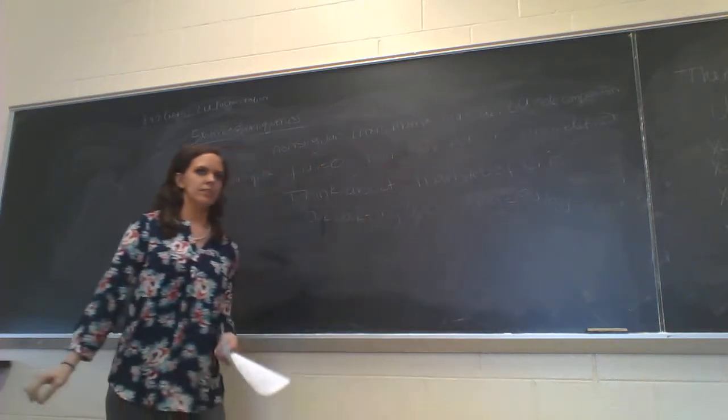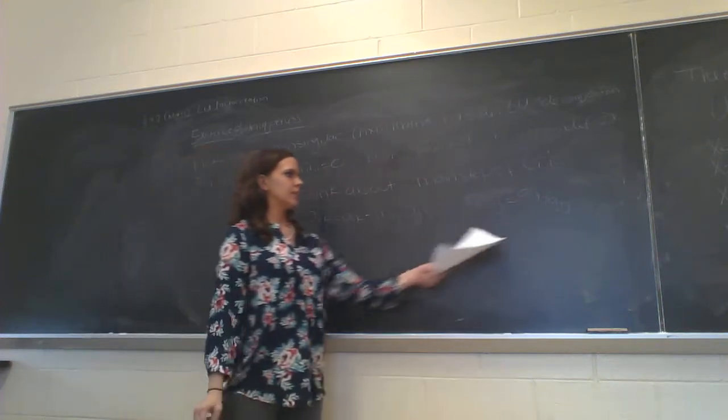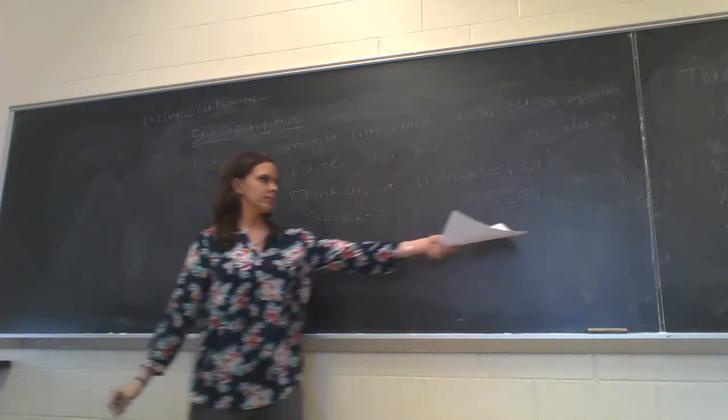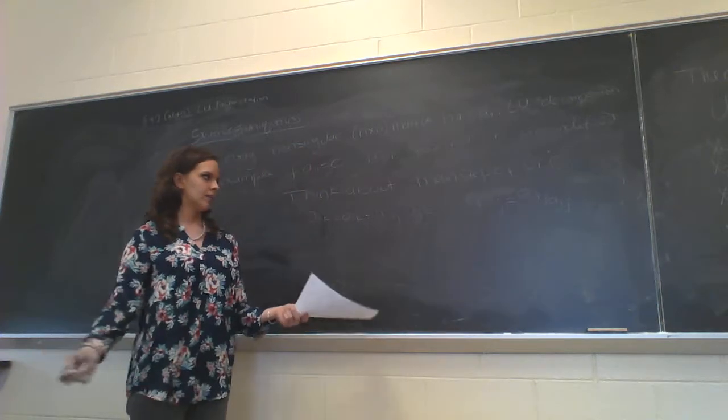So this is explicitly why it can't happen, because when j is equal to 1, then this right here is going to be 0, so we can't divide by it.